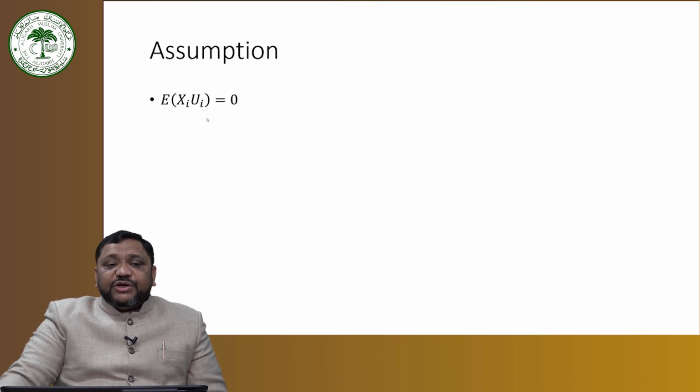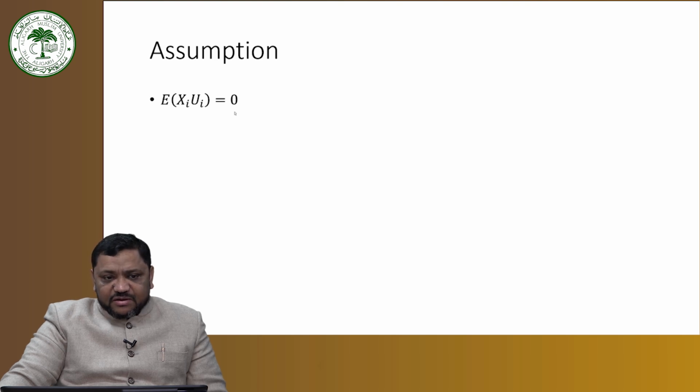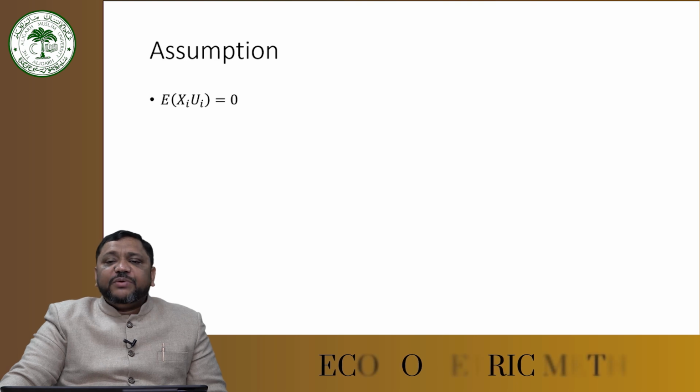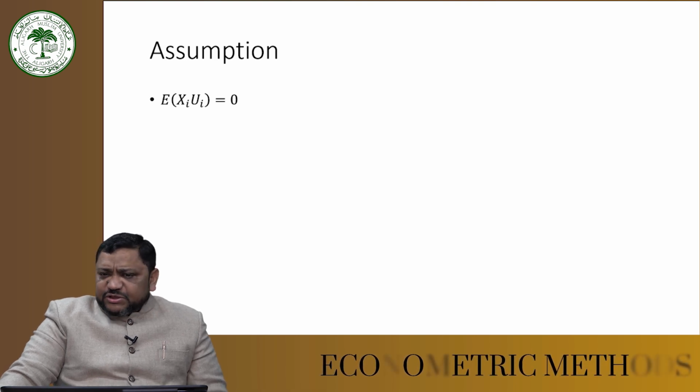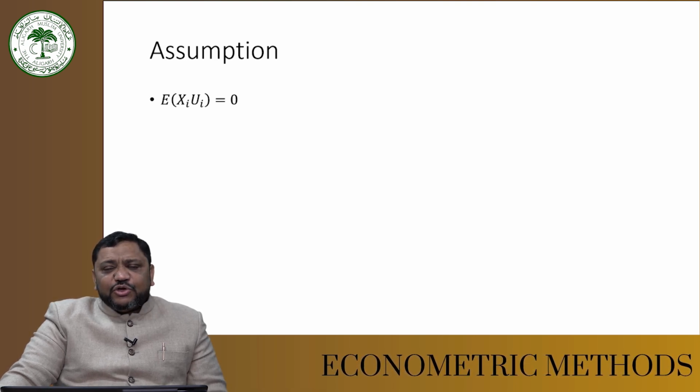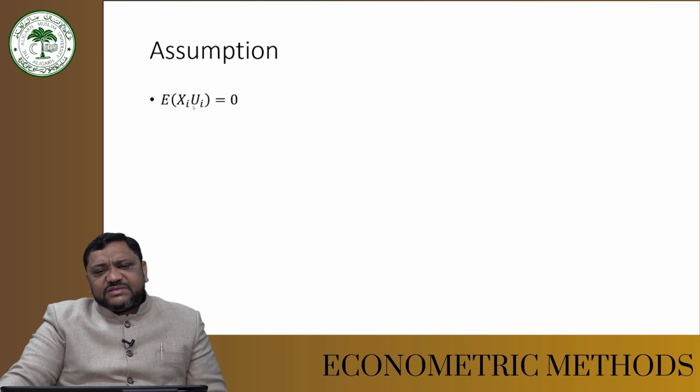Then, the relationship between the independent variable and the error term should also be 0. The expected value of xi, ui, that is the error associated with xi, should be equal to 0. This basically implies that there is no correlation between xi and ui.